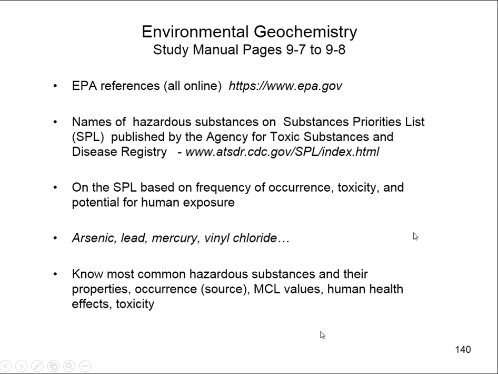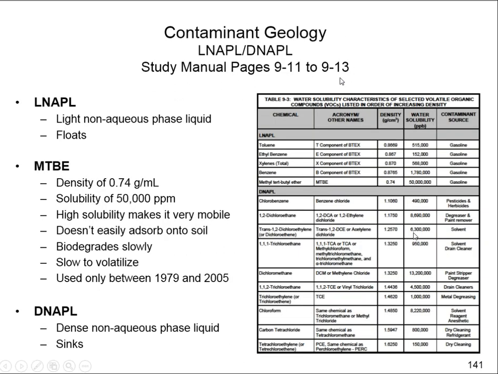So we'll look at some of these in a minute from the drinking water standards, but I want to just mention where we have L-NAPLs and D-NAPLs. These are liquids that are lighter or denser than the density of water. And the things that are lighter than the density of water are going to float.